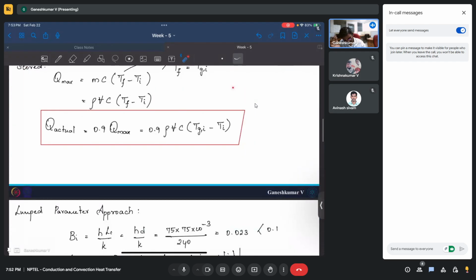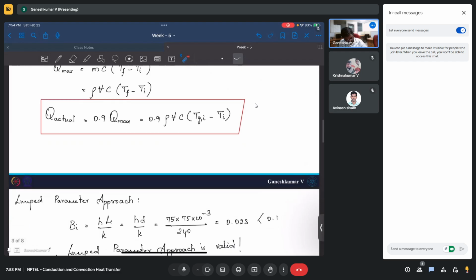Let's say you consider TF minus TI, it's 90% of TF max minus TI. Let's say you have 275 degrees Celsius as a temperature difference between sphere and the air. Now if it is 90% of this 275, which will be 247.5, for this temperature difference, how much time does it take?